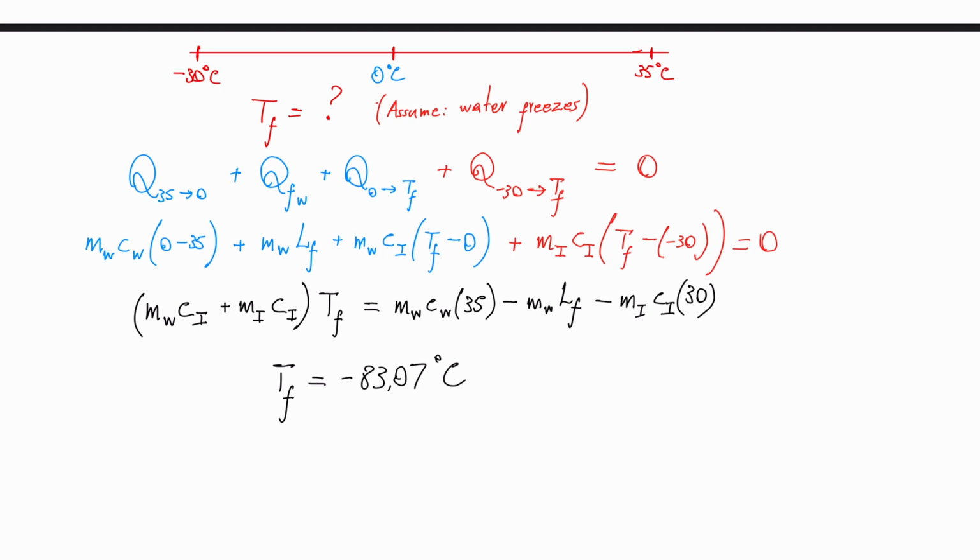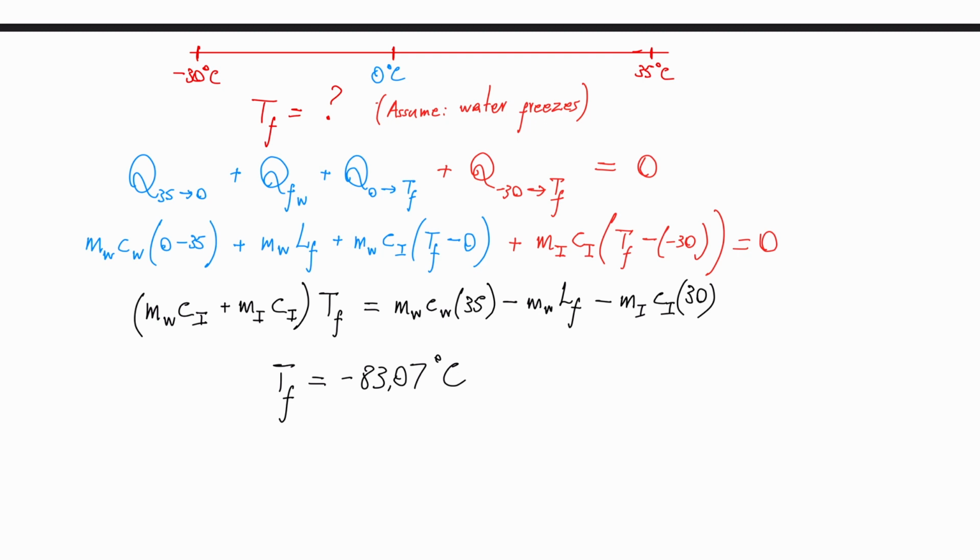So let's consider, what will the water undergo? The water will first go from 35 degrees down to 0. Because 0 is a special point for water, at that point we will need to change phase. So this term QFW is the heat of fusion for water.